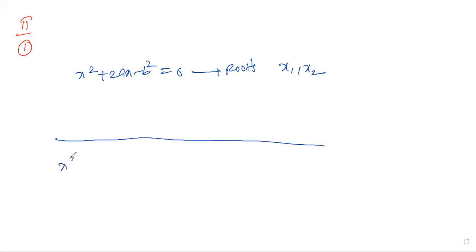What they are telling is that the abscissas of points A and B are the roots of the equation x square plus 2ax minus b square is equal to 0. The roots lie on the abscissa of A, B, nothing but the roots x1, x2. Now the second equation, y square plus 2py minus q square is equal to 0, has roots on the ordinates.